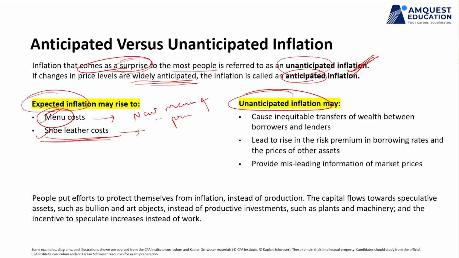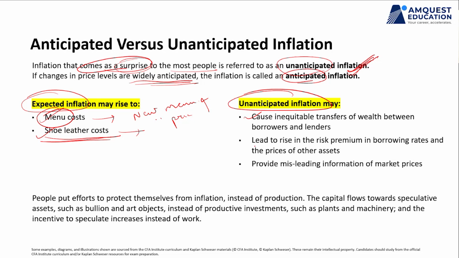Now you have unanticipated inflation. What is unanticipated? This is where inflation was never anticipated. It just occurred. And this inflation that's not anticipated may cause an inequitable transfer of wealth between borrowers and lenders. So there's a difference in the amount of wealth, and that wealth is not being distributed equitably. That's called unanticipated inflation.